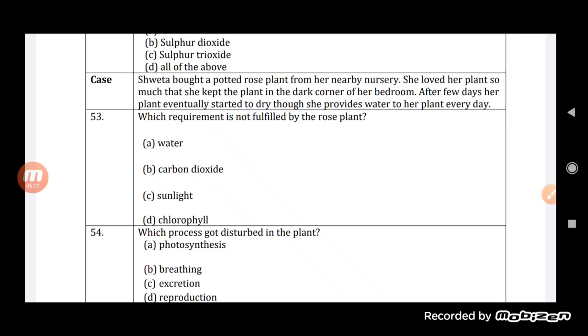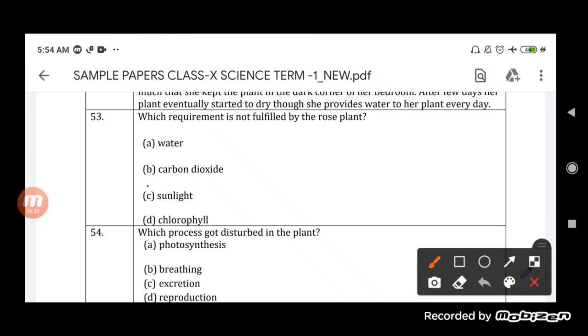Basically it is sunlight. Since the plant is kept inside in the dark, there is no availability of sun, and you know that for photosynthesis to occur, sunlight must be there. Only then will the reaction take place. So we can say that it is because of the absence of sunlight. This is the correct option.